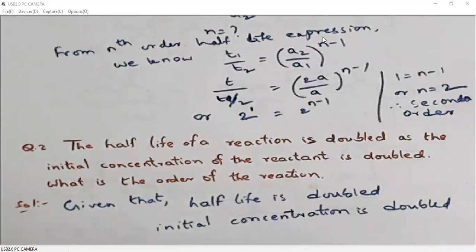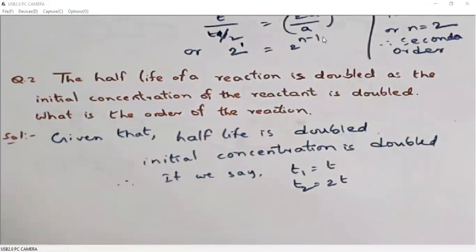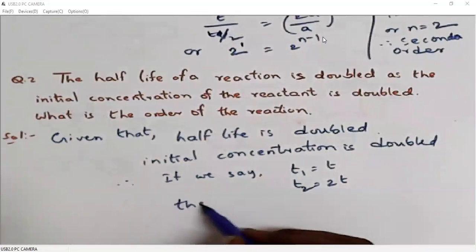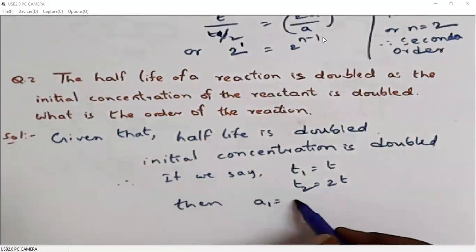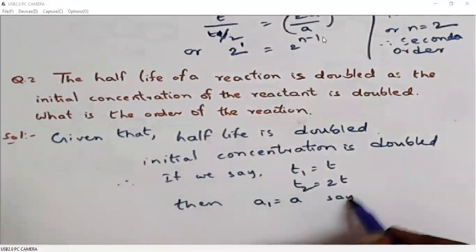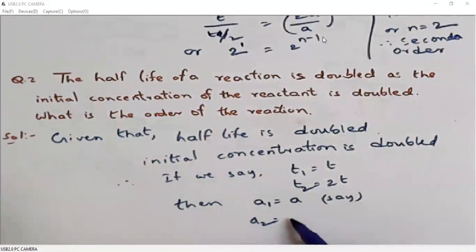For example, if the half-life of the first reaction is T, the half-life of the second reaction is 2T because it is double. The initial concentration of the first reaction is A, and the initial concentration of the second reaction is 2A because again it is double.